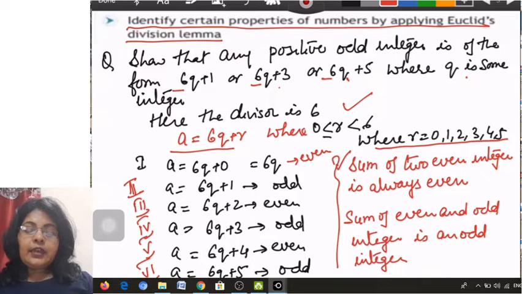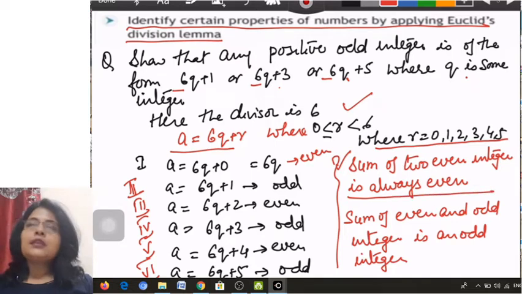Here the third case is 6q plus 2. We can follow this as the sum of two even integers is always even, so 6q plus 2 is even. Now when we put R is equal to 3, then A is equal to 6q plus 3.